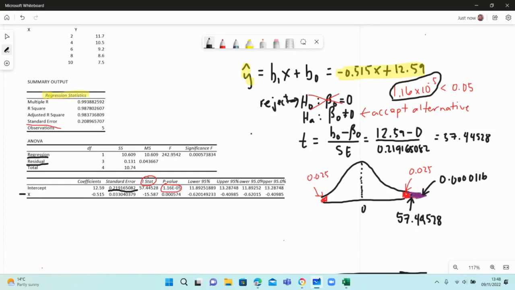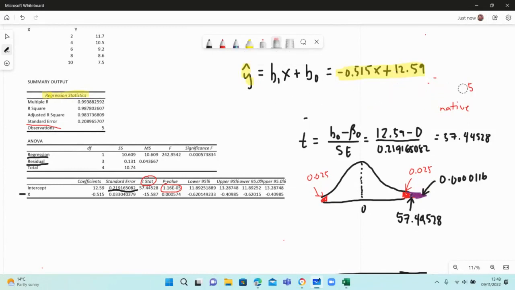Okay, so we reject the null hypothesis and accept the fact that the beta naught is not equal to 0, and which actually tells us that there is a linear relationship between x and y variables. All right, so we're almost complete in our analysis.